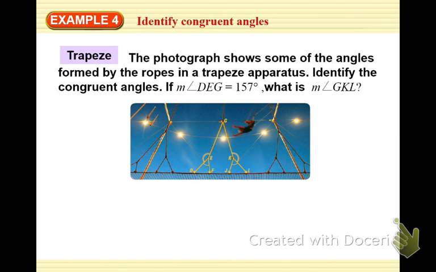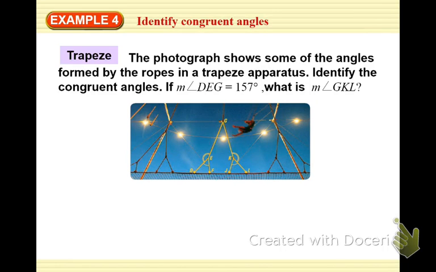Quick example here for you. The photograph shows some of the angles formed by the ropes in a trapeze apparatus. Identify the congruent angles. And then if the measure of angle DEG is 157 degrees, how's that going to help us find the measure of angle GKL?